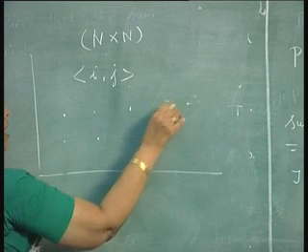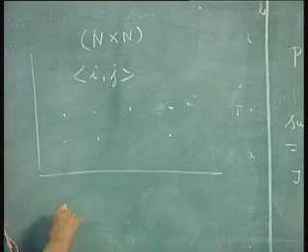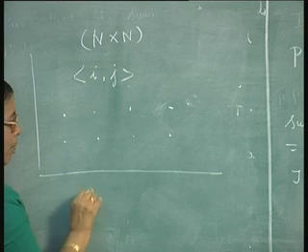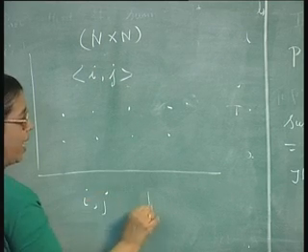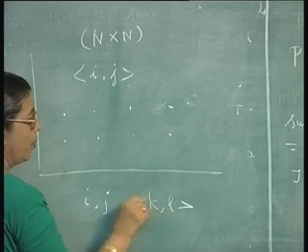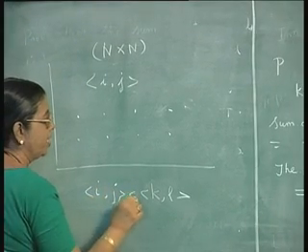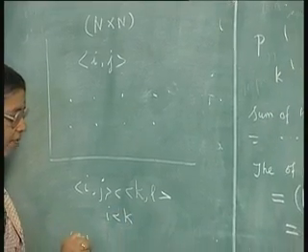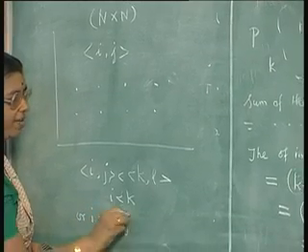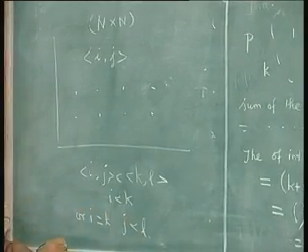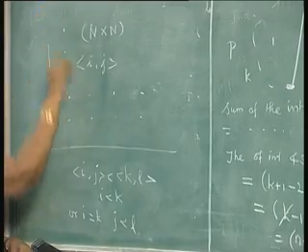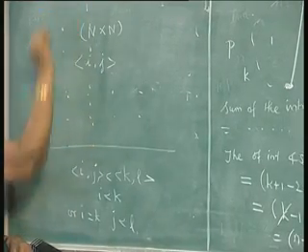You can introduce an order such that of two pairs (i, j) and (k, l), this one will come before that one if i is less than k, or if i is equal to k, j is less than l. Like that you can define it, so that all these points come before all these points.